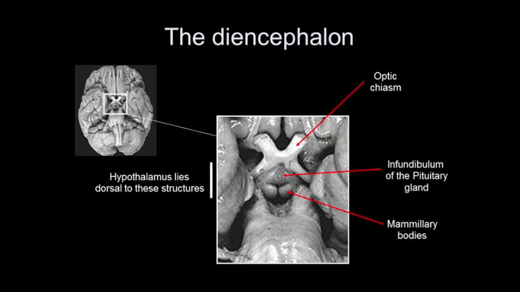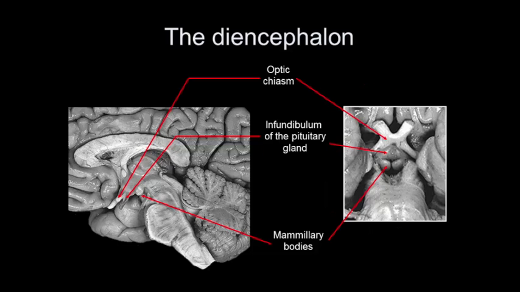I'll show you a little bit better. You can see this again in a mid-sagittal section. You can see here the mammillary body. Here you only see a section of that X, the optic chiasm, and this is the pituitary stalk or infundibulum, and this is where essentially the pituitary gland would be. The reason I'm showing you this is that these are also landmarks that can help you orient yourself at the level of the diencephalon to tell you where you are.